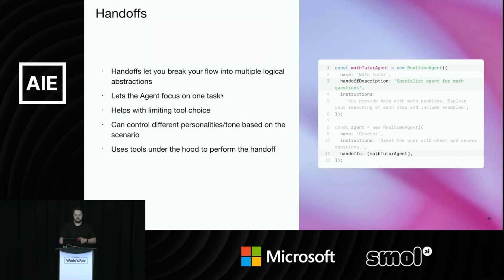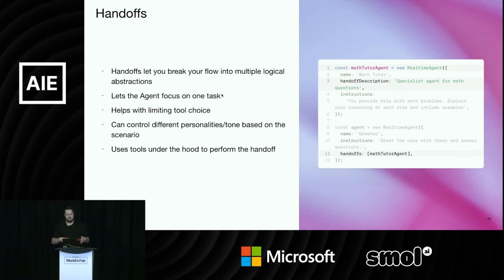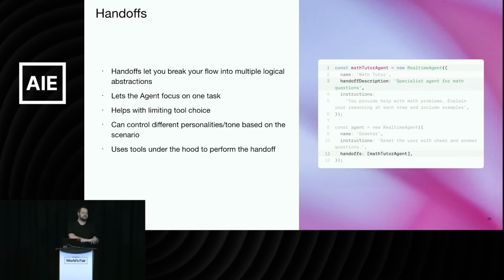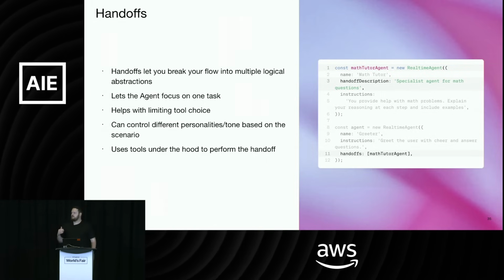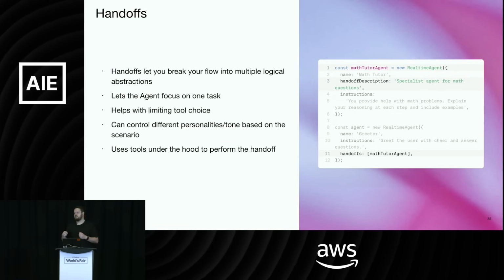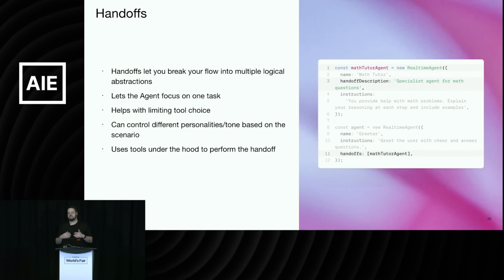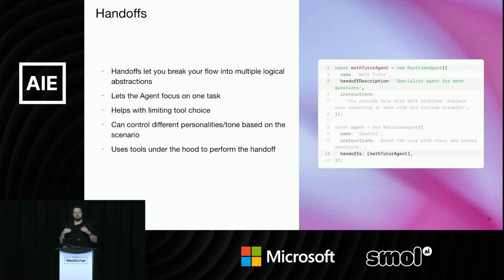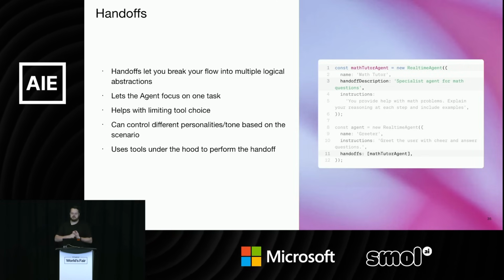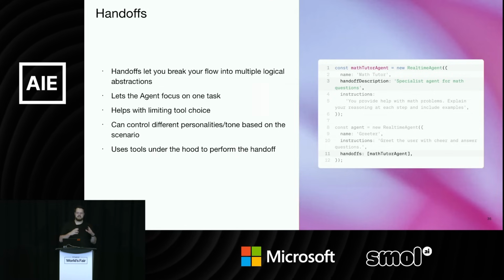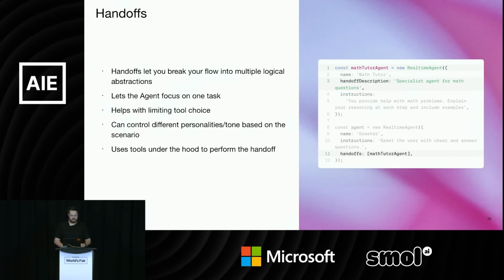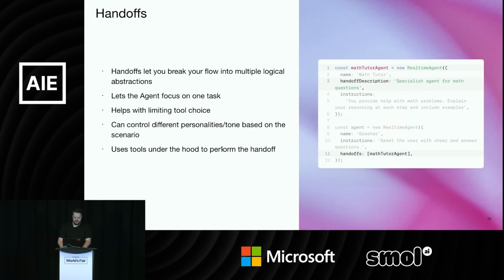The other thing we talked about already, but I want to show it in practice, is handoff. A handoff is essentially just a specialized tool call that resets the configuration of the agent in the session so that we can update the system instructions, we can update the tools, and nicely scope the tasks of what we're trying to solve.